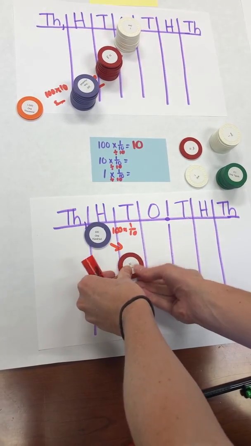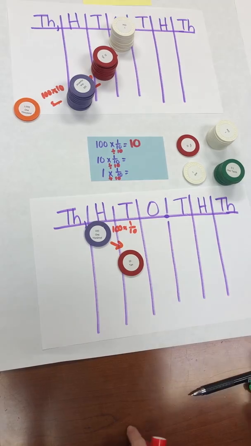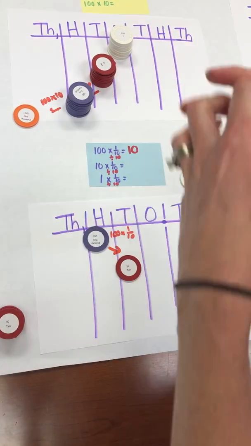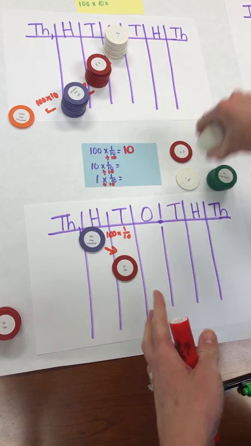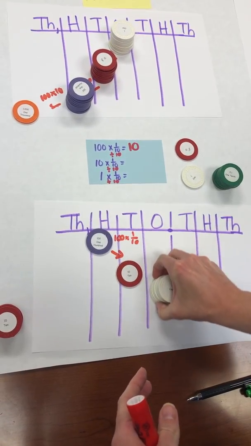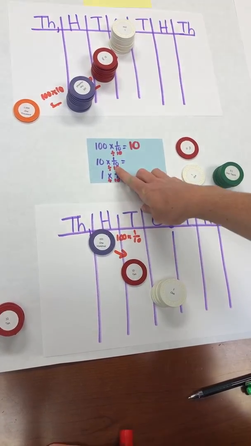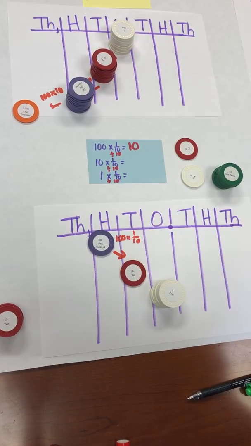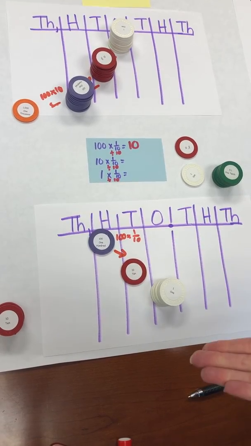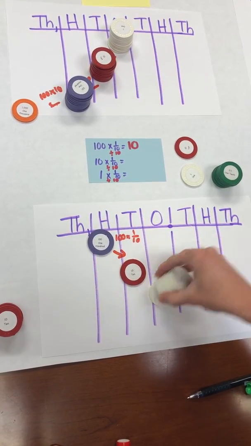So let's keep this moving. If I have 10 wholes and I divide 10 wholes into 10 equal pieces, I should have 10 ones. But I only have one of those 10 equal pieces. I don't have 10 tenths, I only have 1/10.